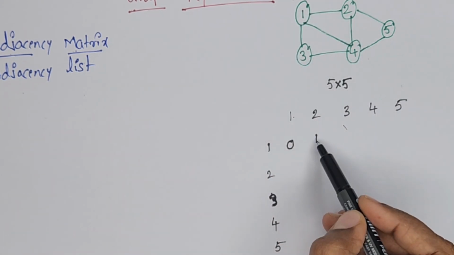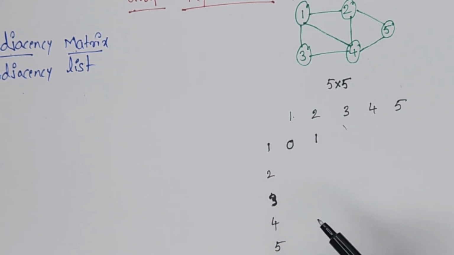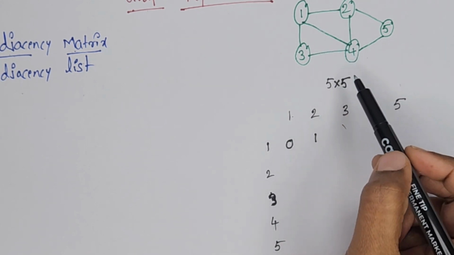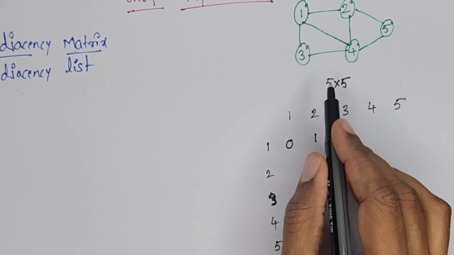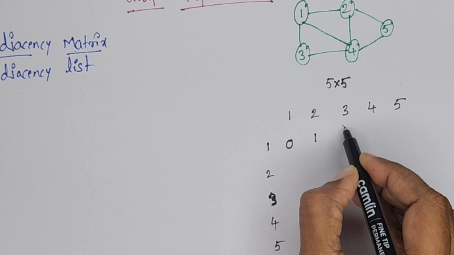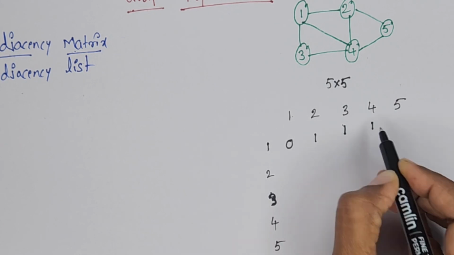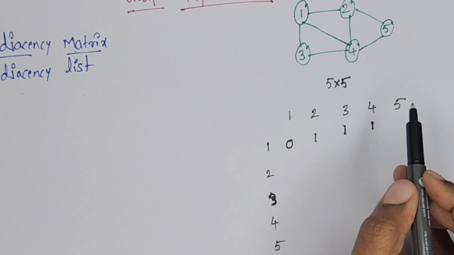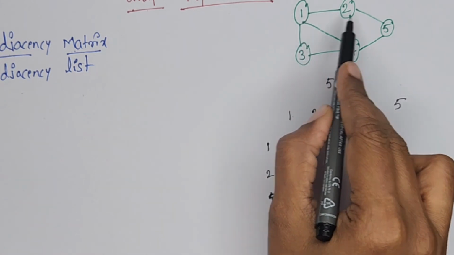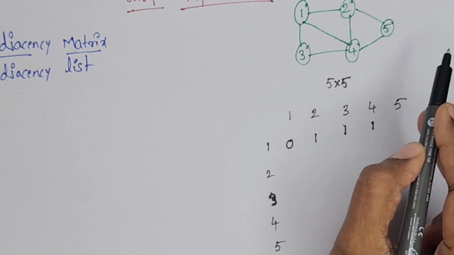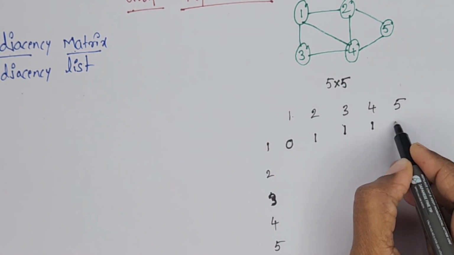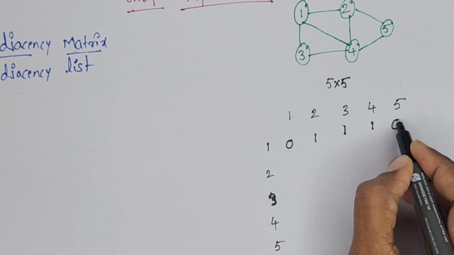If two vertices are adjacent, assign value 1, otherwise assign value 0. 1 to 3, edge is there, so these two are adjacent. Assign value 1. 1 to 4 also adjacent. And 1 to 5, is there any edge? No. It means these two are not adjacent, so assign the value 0.